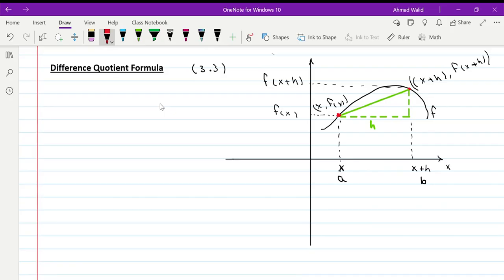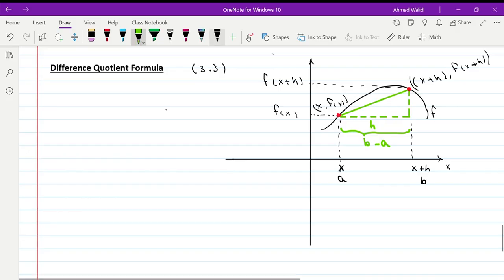And I'll name the other red point on the graph x plus h. Why? Because the distance between x and this point, which is point B actually, I'll name H instead of B minus A.